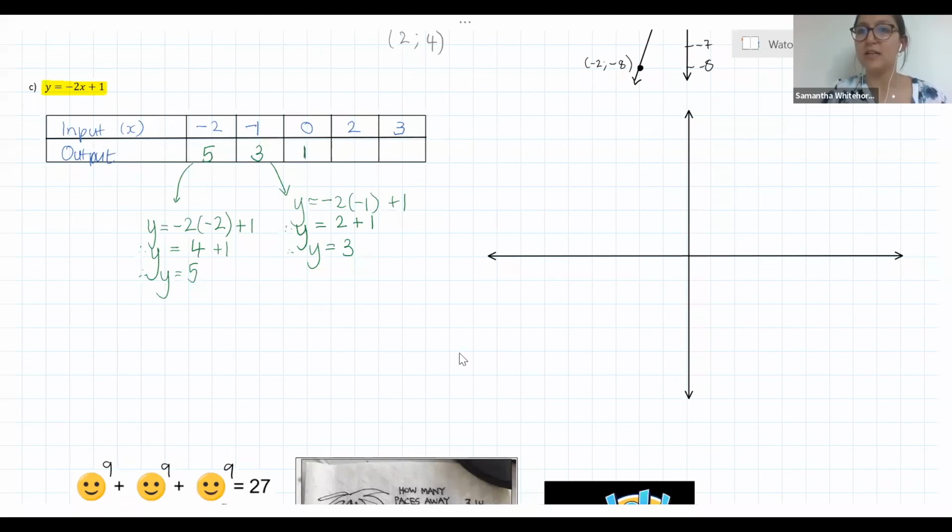Fantastic, well done. Kagiso, would you like to give us the fourth one? Ma'am, I think it is negative 3. Excellent. Well done. Negative 2 times positive 2 is negative 4, plus 1 is negative 3. Fantastic.